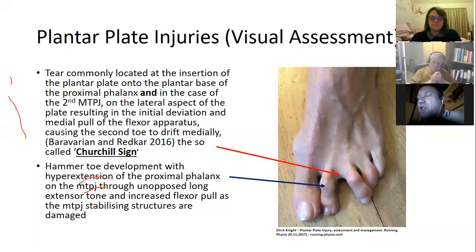This is one of these intricate dynamics where the lumbricals and the interossei muscles have to come in. But what happens then is simply the extensor digitorum longus pulls up that proximal phalanx, and now the flexor tendons pull the intermediate and the distal phalanges down to the ground, and you get this classic hammering of the toe as well with reduced strength. Oh dear. So it's not looking so good for these poor toes now. Okay, next slide, please.